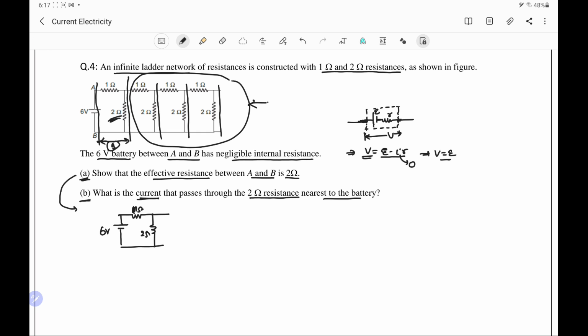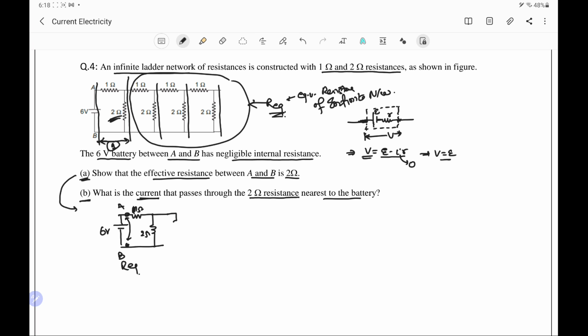And if its equivalent resistance is R_eq, this is the equivalent resistance of the infinite network of resistances. That means if we check the equivalent resistance between these two terminals, again we will find R_eq.